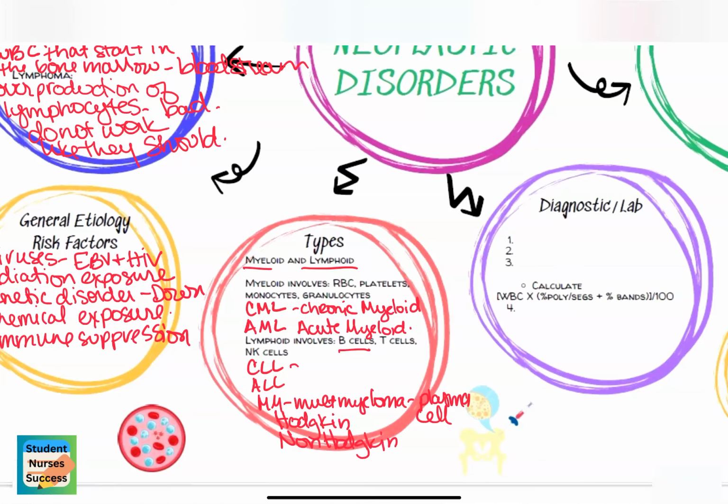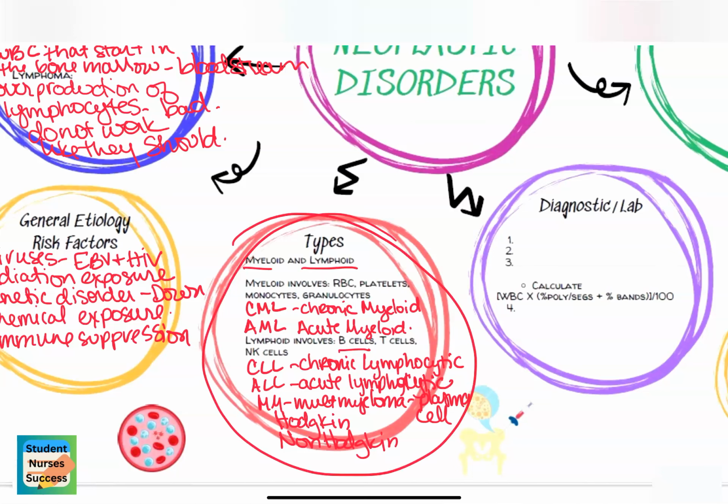Now, CLL is chronic lymphocytic leukemia, and ALL is acute lymphocytic leukemia. We're going to cover these in more detail in our part two recording.